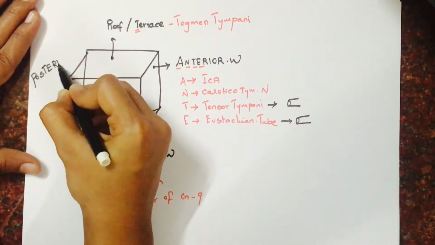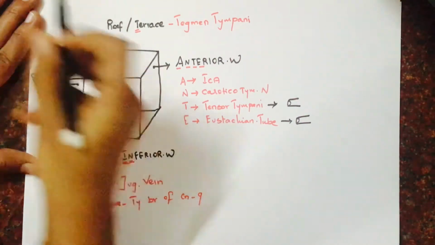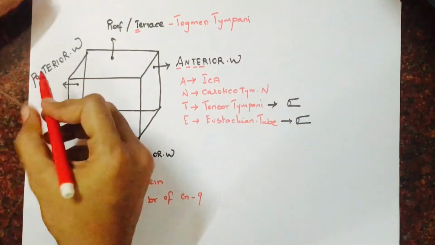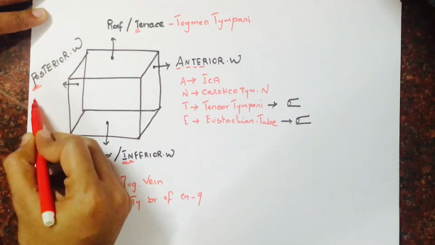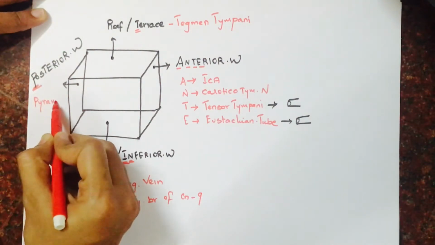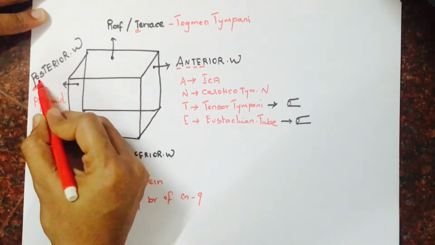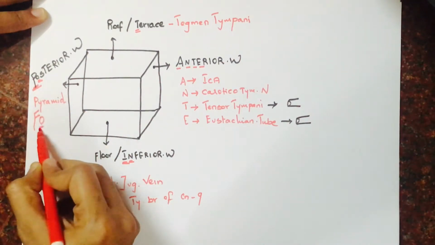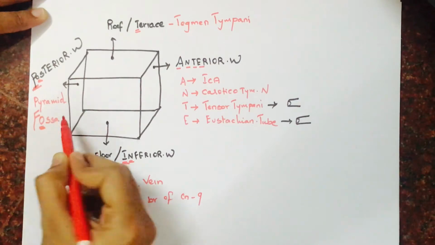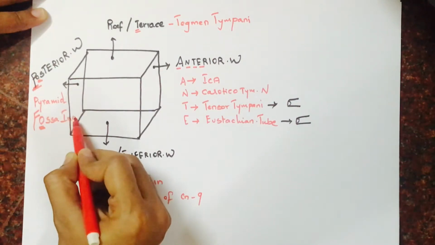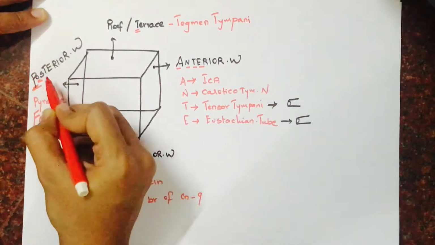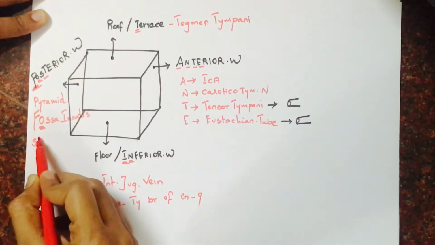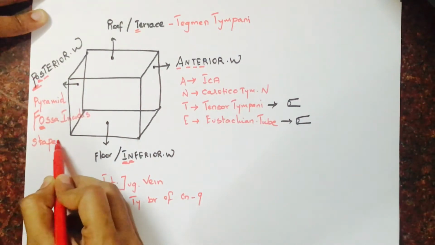Now moving on to the posterior wall. Likewise, consider the letters in the posterior. P stands for pyramid. O, here it is the second letter of fossa incudis. Posterior, third letter S stands for Stapedius muscle.